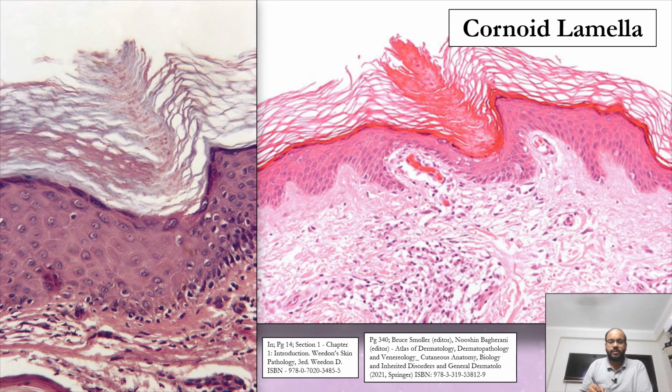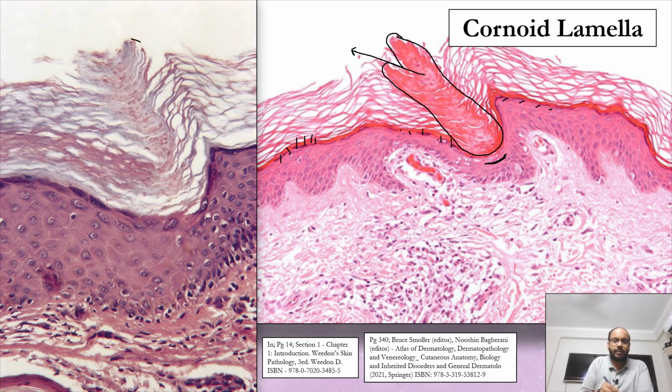So in this picture, let me just change the color. Yeah. In this picture, you can easily appreciate this column of parakeratosis. You can see the nucleus inside the stratum corneum. You can in fact see a little bit of granular layer outside, just adjacent to the column. You can see granular layer here, but there is no granular layer at the bottom of the pillar. So that is cornoid lamella.